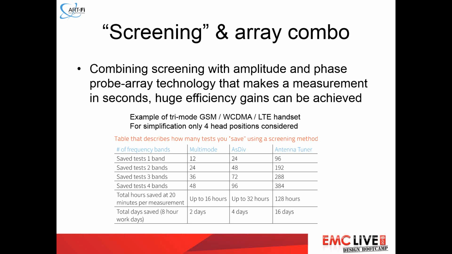And this is a really simple case, limited to a number of test positions and a number of transmission modes. The 4G devices currently on the market have many more modes and positions to be tested, so the gain brought by a combination of screening and array systems can be huge.